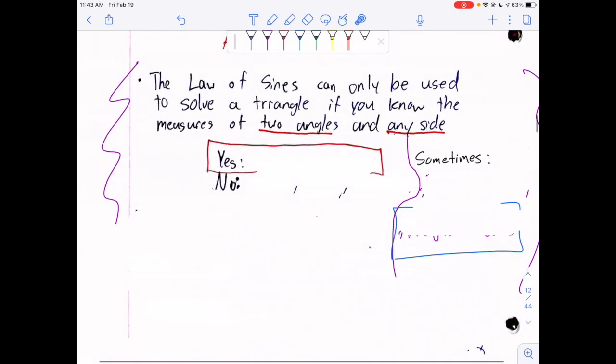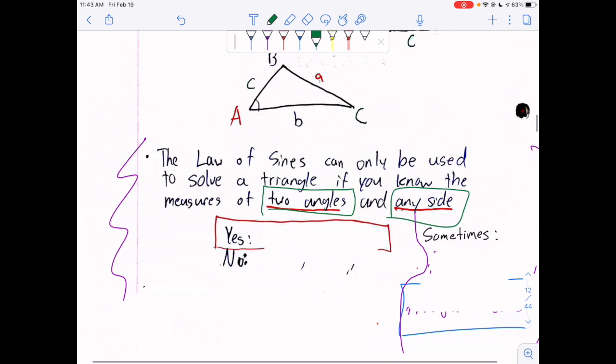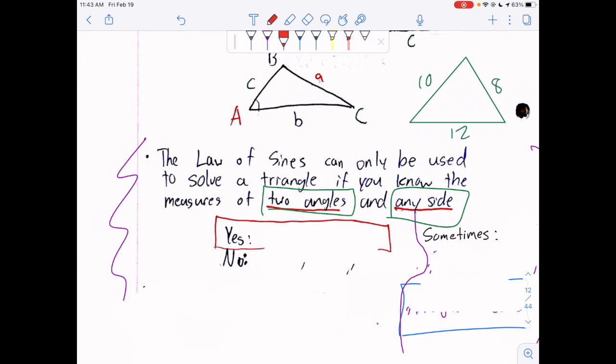Moving here, the law of sine can only be used to solve a triangle if you know the measures of two angles and any side. This is almost common sense. If I give you a triangle, for example, with sides 10, 8, and 12, and we're trying to find angle A, the law of sine won't work.